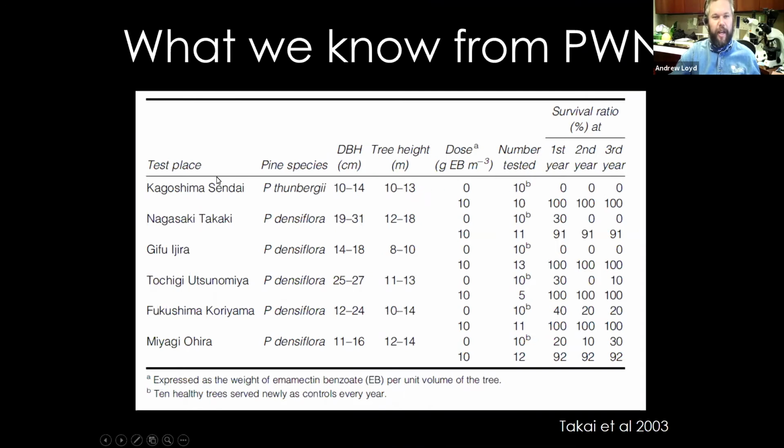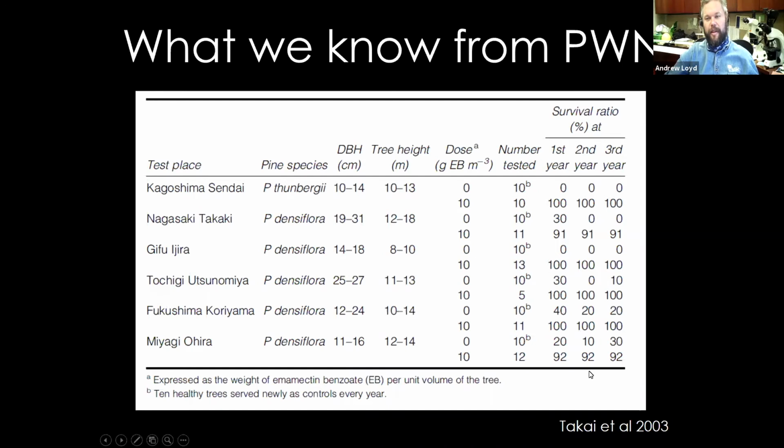They had different locations, and they had different pine species that were native there, and they injected them with 10 grams per cubic meter of volume. What the labels are labeled at for pinewood nematode in the U.S. for injections on pines is about 10 mils per inch, to put that in perspective. What you can see is the survival ratio.